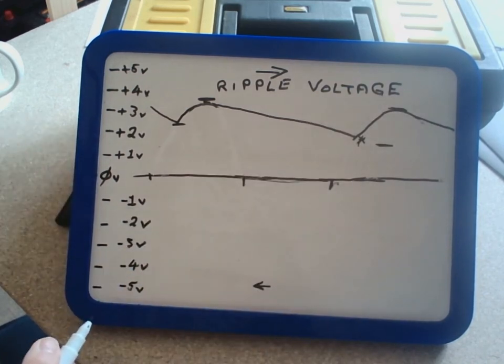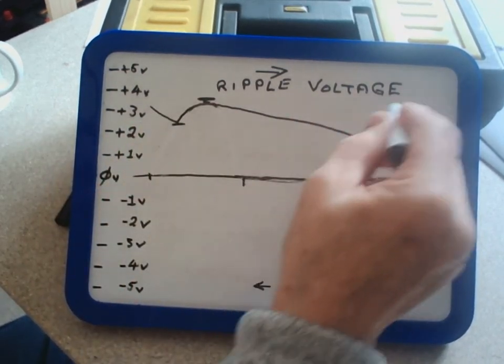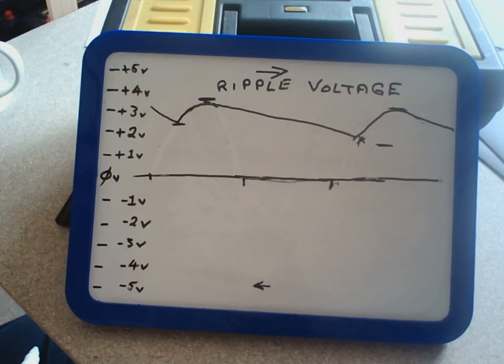The ripple voltage. It's like a ripple on top of the DC voltage. So much then for half-wave rectifiers.